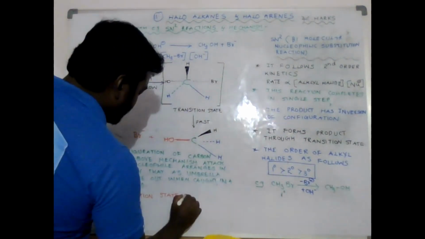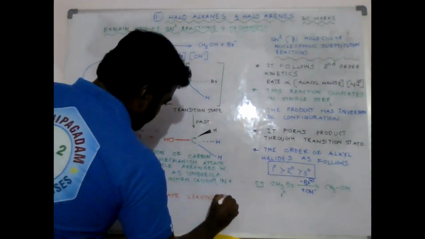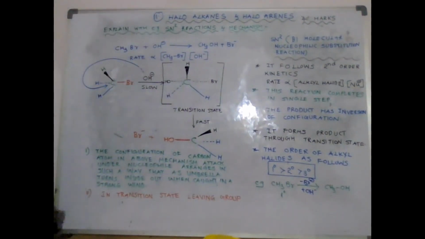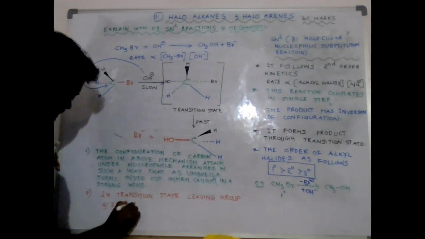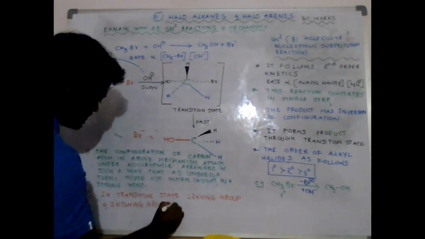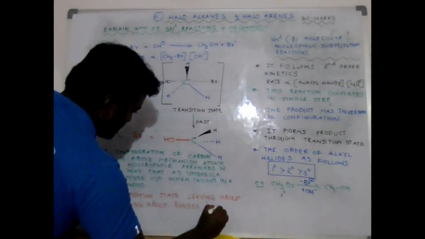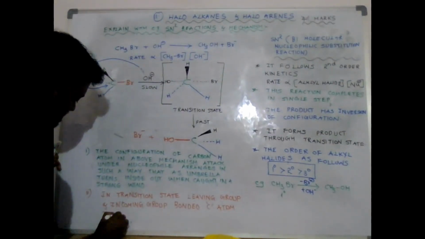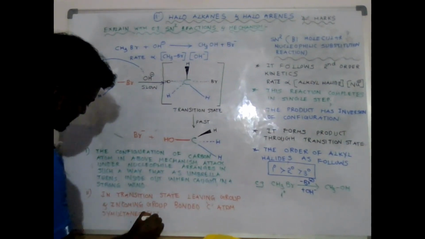In transition state, leaving group and incoming group are bonded to the carbon atom simultaneously. So when you write this, you will get 4 marks.